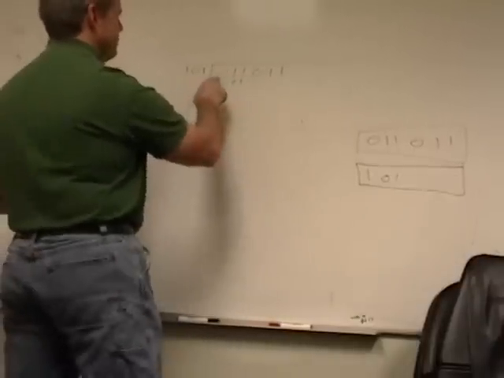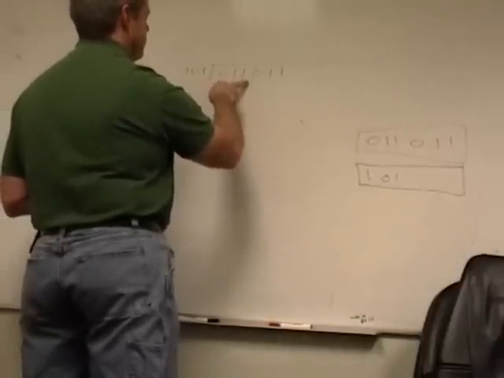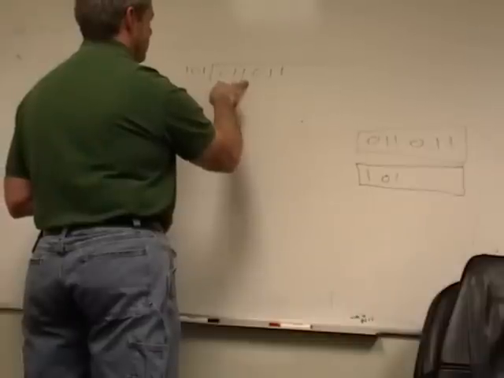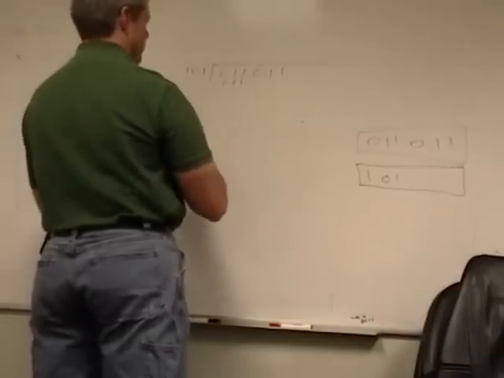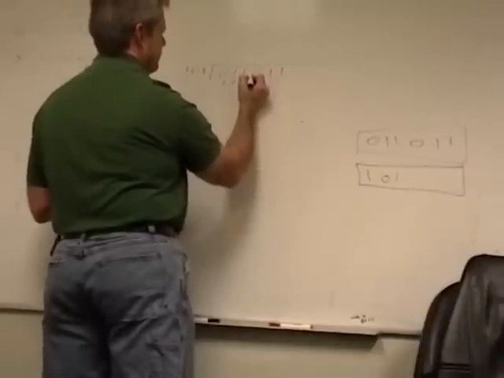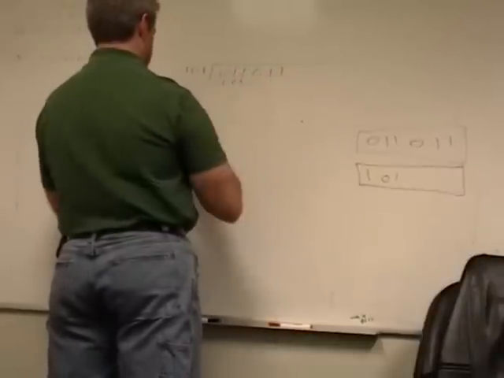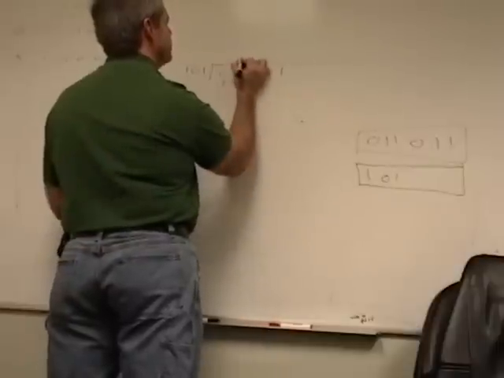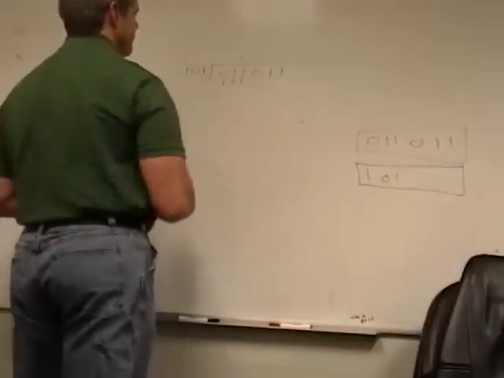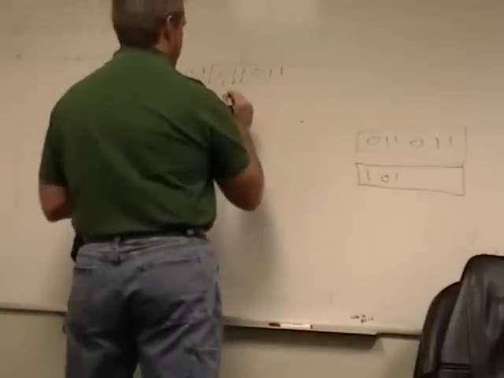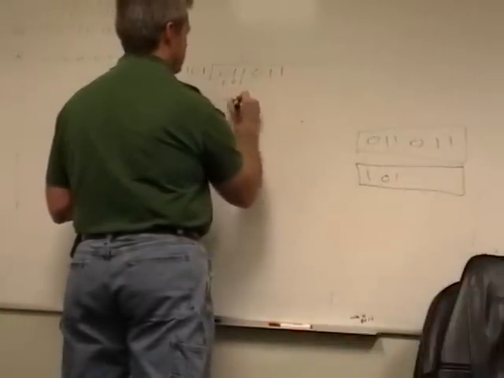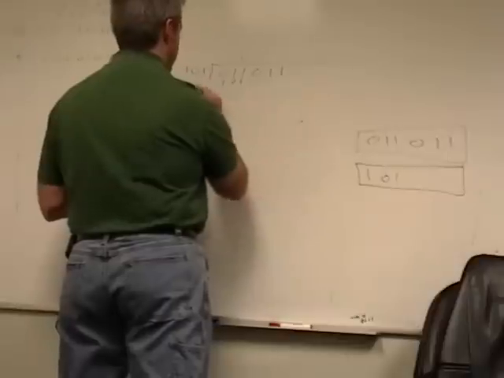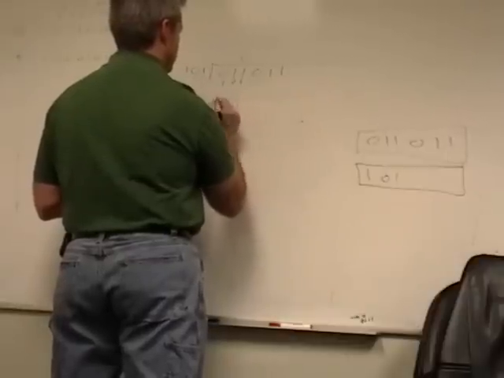Well, I know that 1, 0, 1 is bigger than 0, 1, 1. So my answer is 0, and I subtract nothing, and now my answer is still 1, 1.